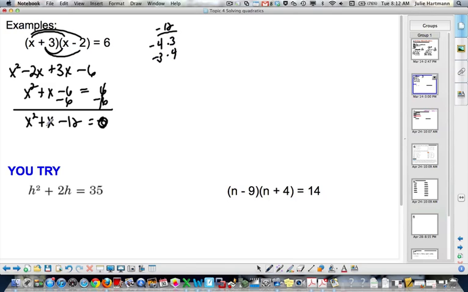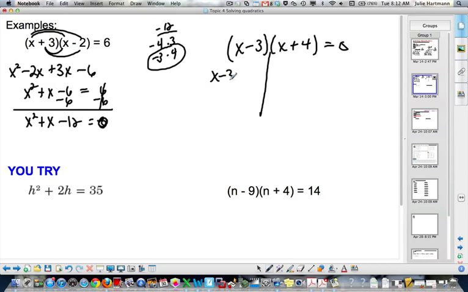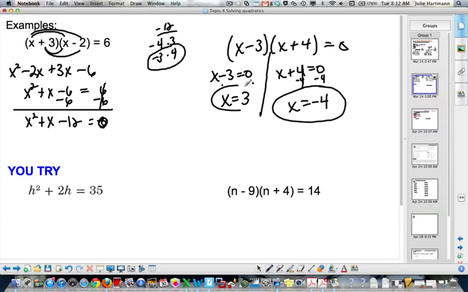To add to give us a positive 1, that would be negative 3 times 4. So I have x minus 3, x plus 4 equals 0. Set each one equal to 0. Add the 3, so x equals 3, minus the 4, so x equals negative 4. There are your two answers.